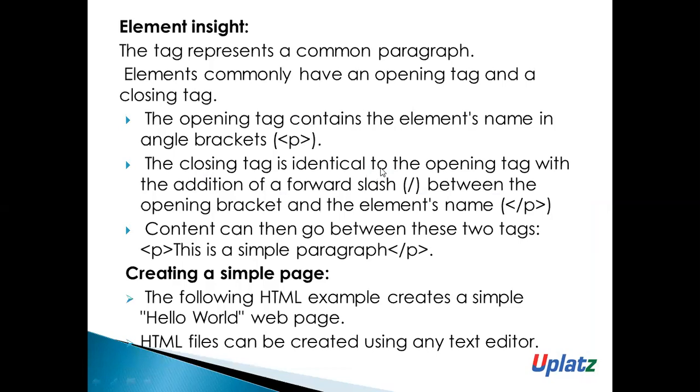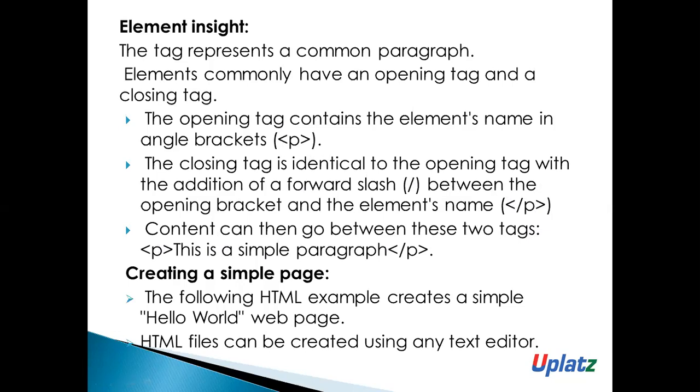The closing tag is identical to the opening tag, but in addition it has one forward slash inside the angle bracket like this. So this is a closing tag and this is the opening tag. This is my content between the paragraph tags. So this is a simple paragraph which I have enclosed within my paragraph element tag.